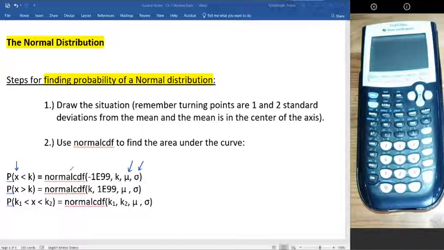The process is the same. Normal CDF is the function in the calculator. And if we are looking for an area in the left tail, we start with negative infinity up to K. And this mu and sigma will be found in the given information. This time, this will not be 0 and 1 as they were when we are talking about a Z or standard normal distribution.